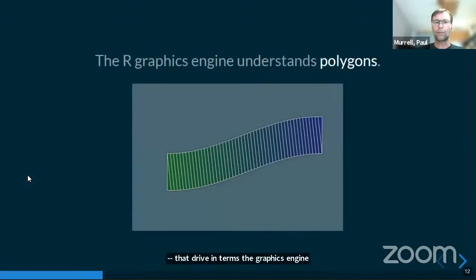What actually happens is that the graphics engine doesn't understand gradient fills. So what the Riverplot package does is it converts that shape into a whole lot of little shapes, little polygons, which the graphics engine does understand, and then fills them all in slightly different colors heading across to give the impression of a smoothly changing gradient.